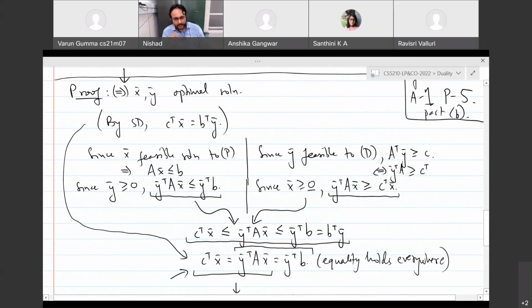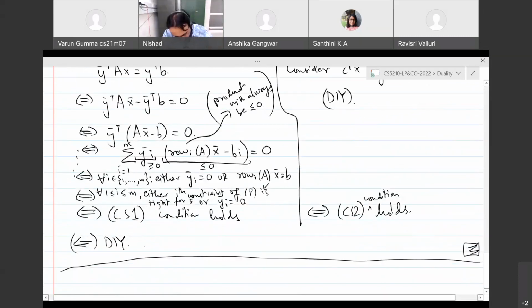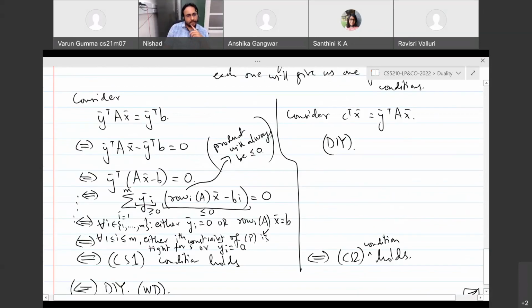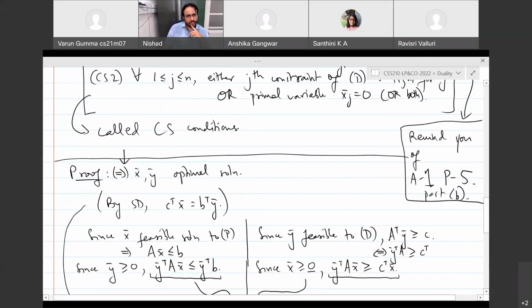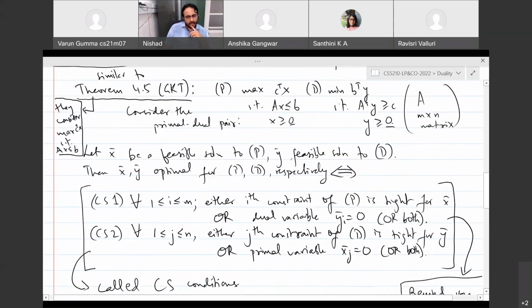And that implies that c transpose x bar is equal to y bar transpose b. And by weak duality, x bar and y bar are optimal. So in the forward direction, you're using strong duality, and in the reverse direction, you will be using weak duality.